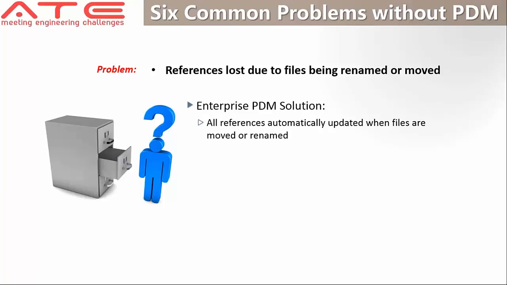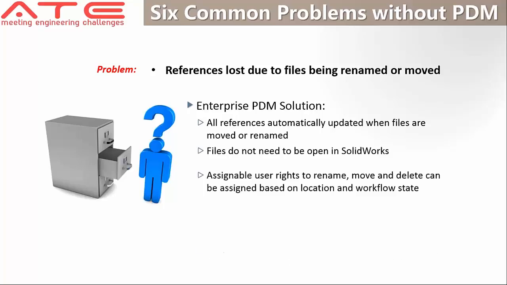When you change the file name, or when you change the folder location, you might end up losing the reference. So this can be automatically updated by SolidWorks PDM, and files do not need to be opened in SolidWorks. Instead it is done by PDM itself. No need to open it on any CAD software.